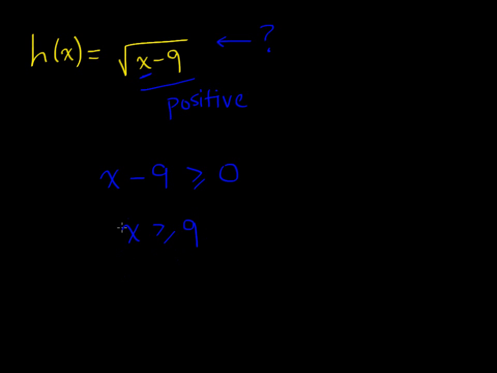So we want the x values to be greater than or equal to 9. So in terms of the domain for this function, in set notation, we want all real numbers, but they have to be the real numbers that are greater than or equal to 9. Okay?